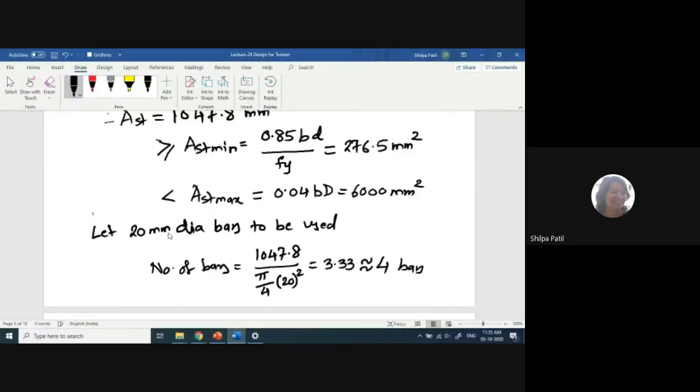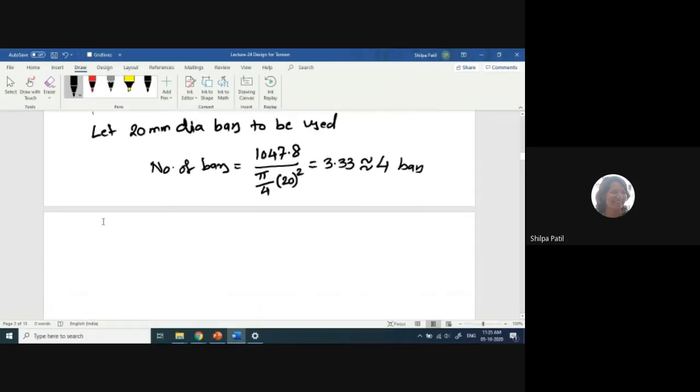Okay. So if we provide 4 bars, what will be the AST provided? Tell me this value. So it will be simply pi by 4 into 20 square multiplied by 4. 1256.64 mm square.